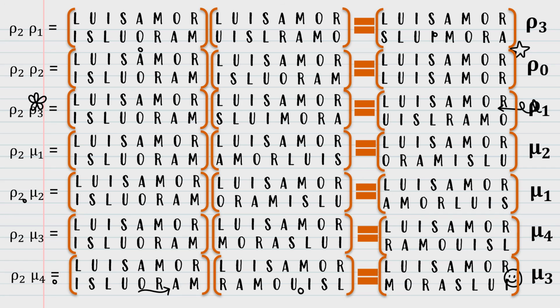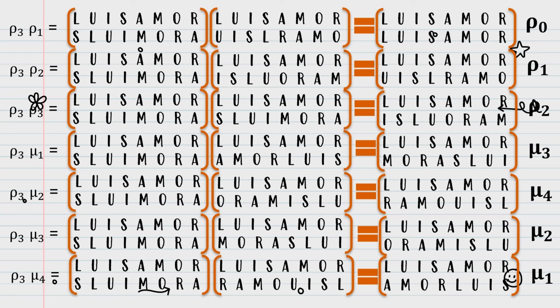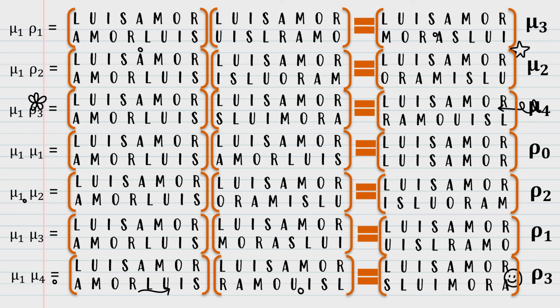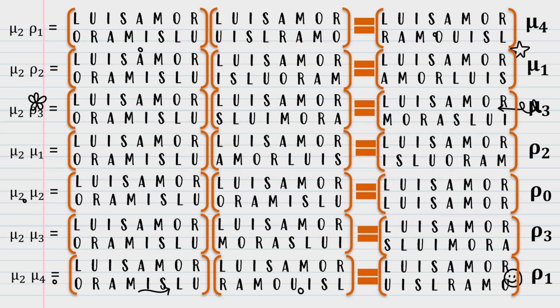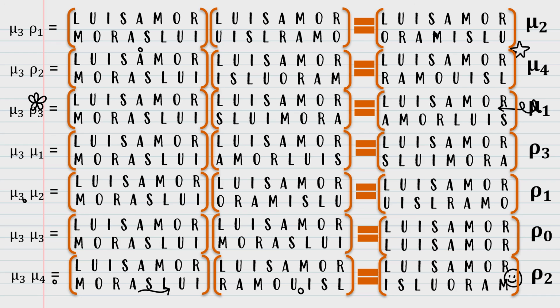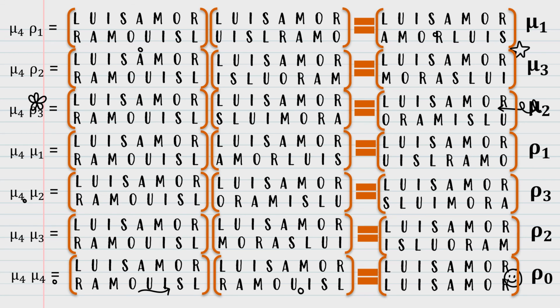And if we have rho sub 2 as our multiplier, we have these results. Same with rho sub 3 as multiplier. Next is mu sub 1, then mu sub 2, then mu sub 3 as multiplier, and lastly, mu sub 4 as multiplier, we have these results.